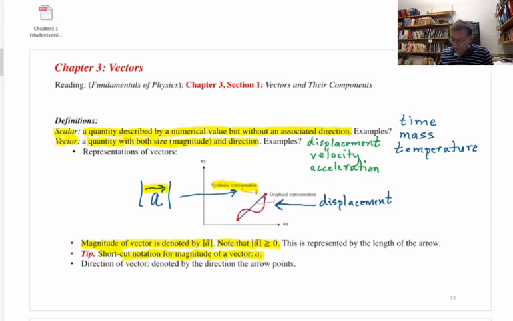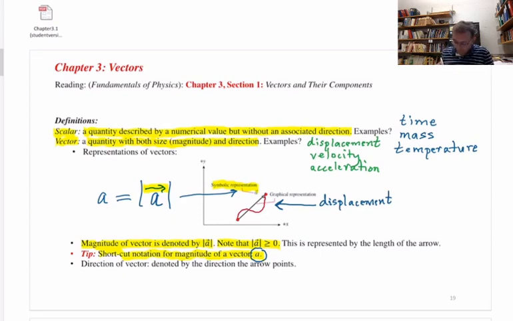So for example, with my symbolic representation A arrow for this displacement vector, if I were using the way the textbooks would denote magnitude, I would just draw an italic A, like you see right there. Okay? So, just drawing the italic symbol without any other adornment is the way books will represent the magnitude of a vector.